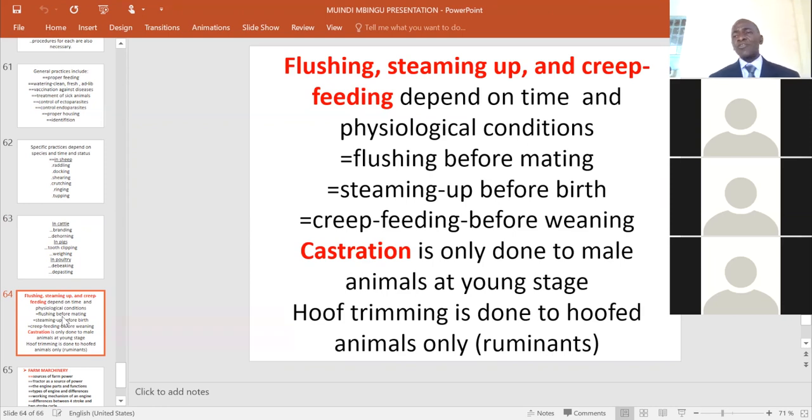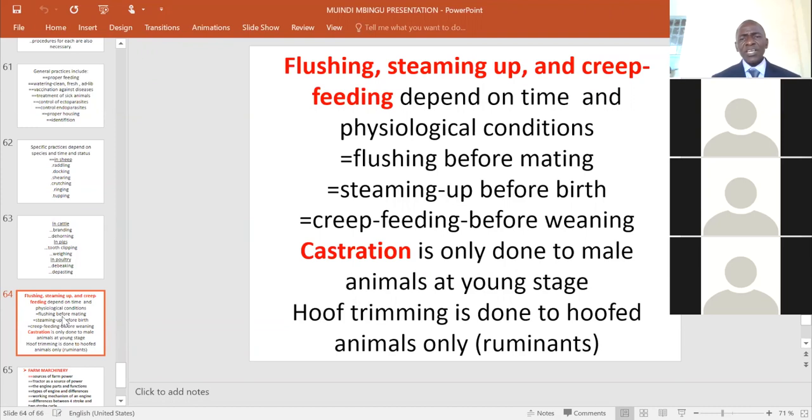Steaming up is done before birth in a number of livestock. Creep feeding is done before weaning. So those are feeding practices. And during our revision, we need to ask ourselves which animals flushing is carried out on, at what stage, and for what reason is flushing done, among others.